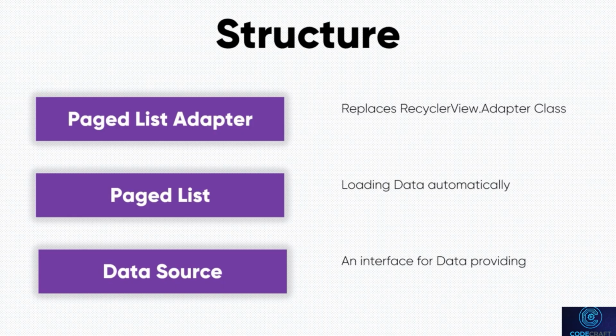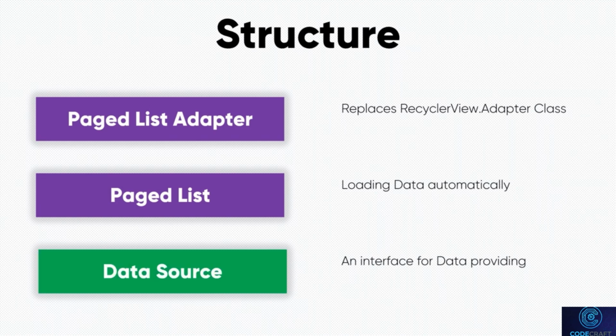First of all, let us introduce that we have three structures, or three classes, that we are going to create. The paged list adapter that replaces the RecyclerView.Adapter class, the paged list loading data automatically, and the data source, which is an interface for data providing.